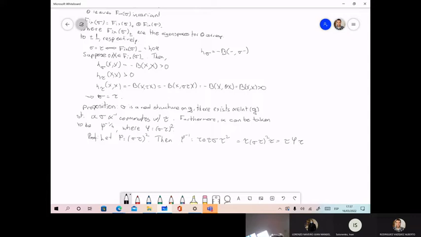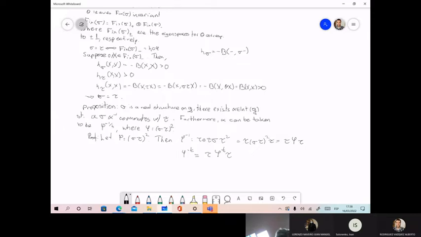Okay, so we have this, and this implies that by the properties of this exponential, that phi to the minus t is just tau phi to the t tau.